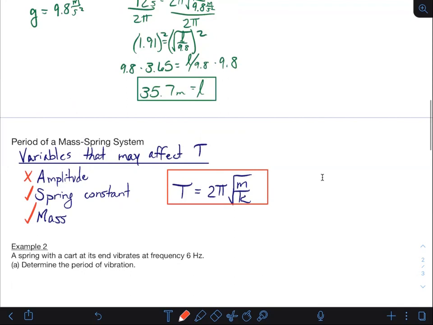Now, what variables we are using changes depending on whether we're thinking about a pendulum or a mass spring system. But it's interesting to note that the structure of these two equations is largely the same, which really does tell us that simple harmonic motion has a lot more things in common than not.